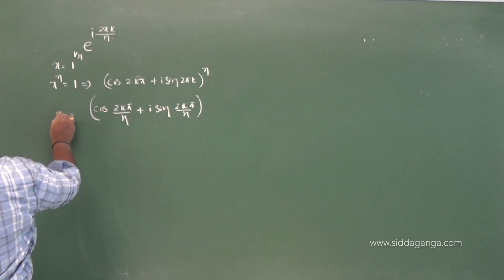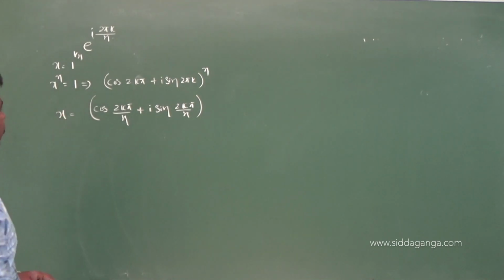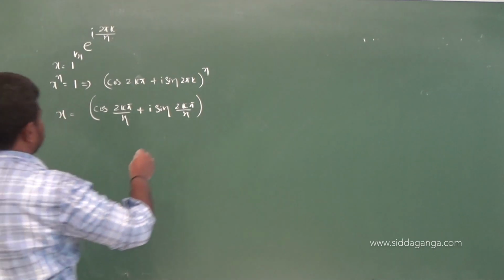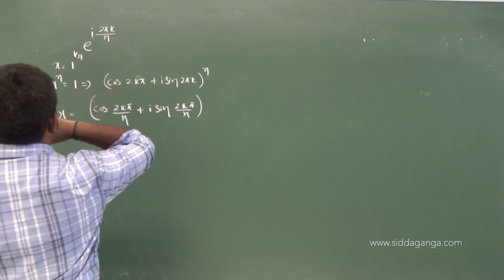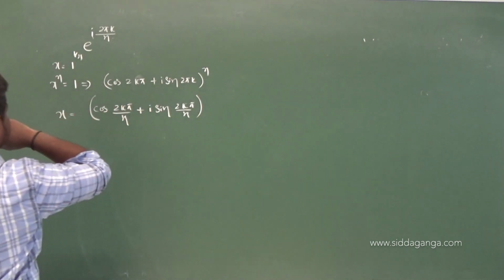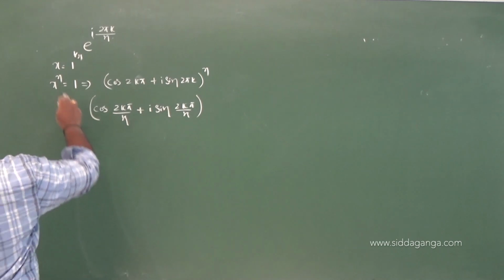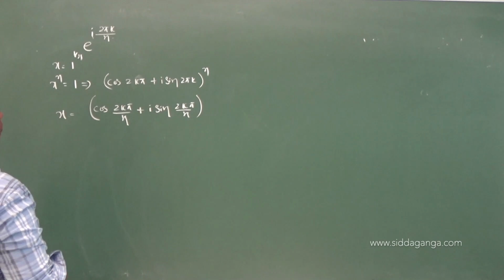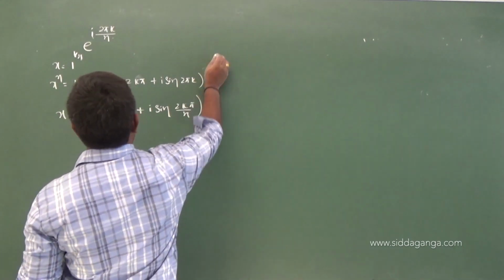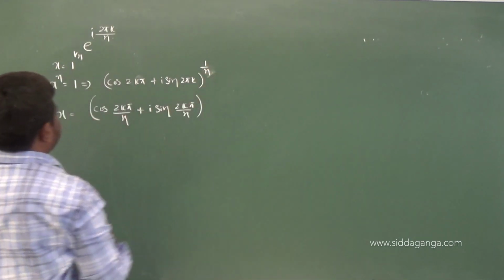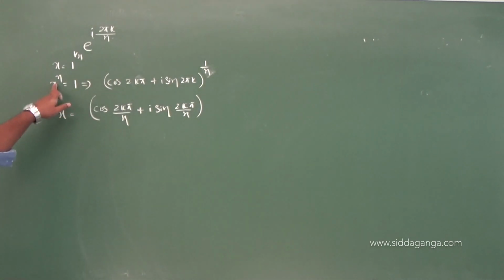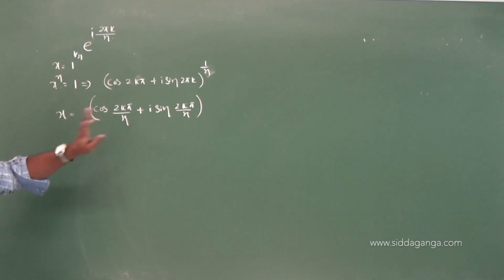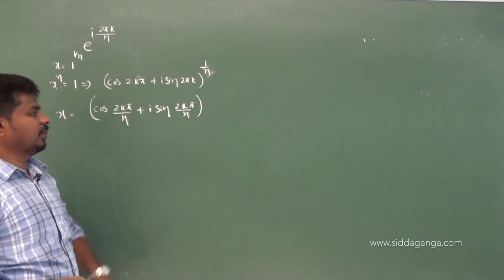This is your x. Because x power of n is equal to 1, then x is equal to 1 power of 1 by n, therefore you get x equal to cos 2k pi by n plus i sin 2k pi by n.